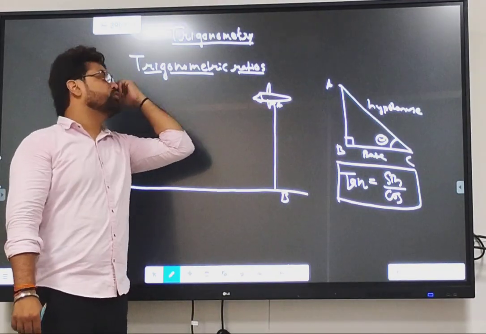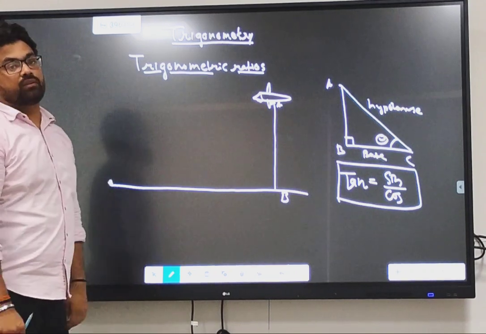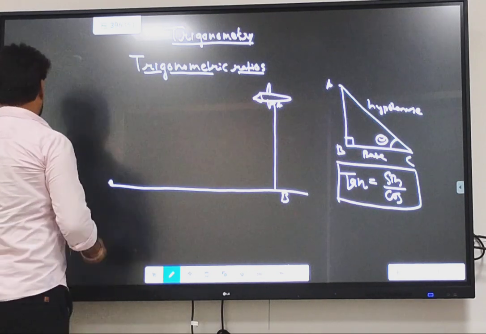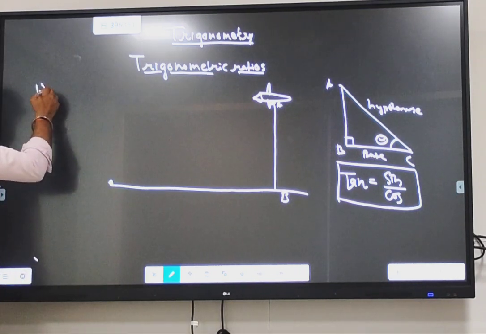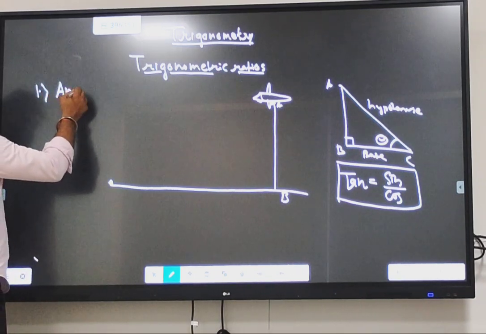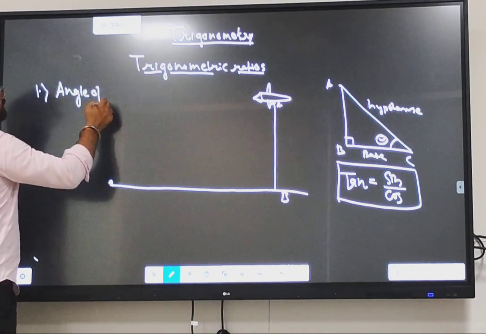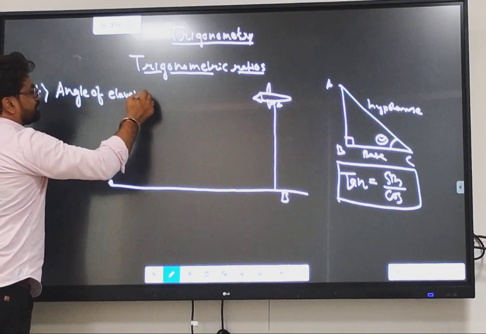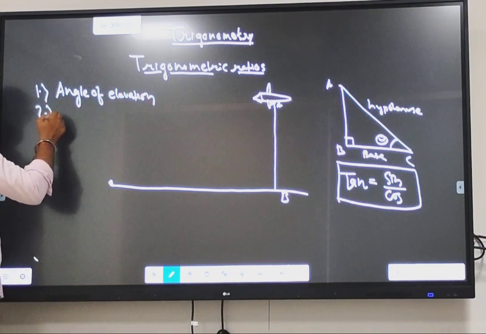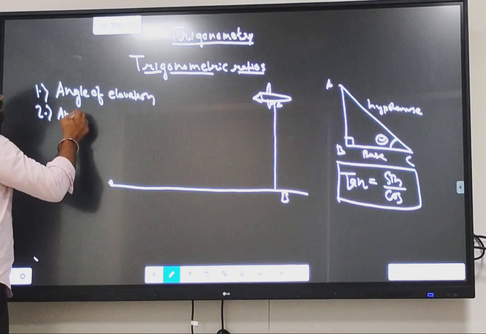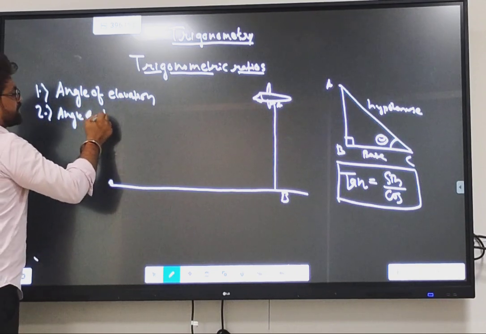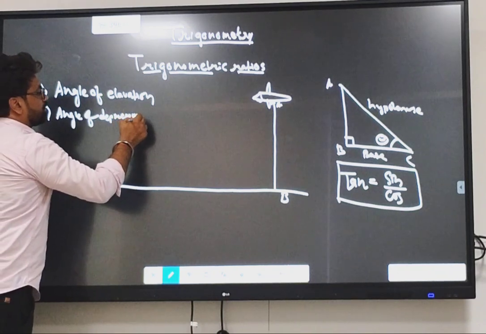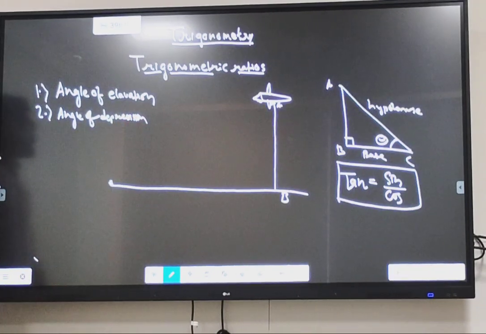For that, we have two things to study before going on to this, and the first is angle of elevation, and second is angle of depression. So what is the meaning of angle of elevation and angle of depression?